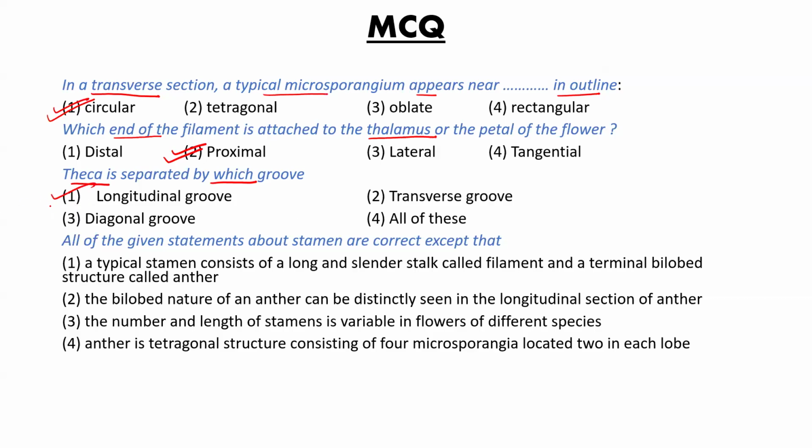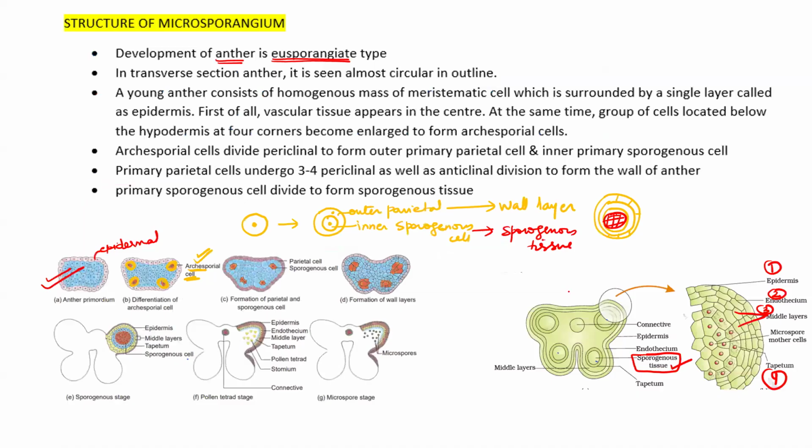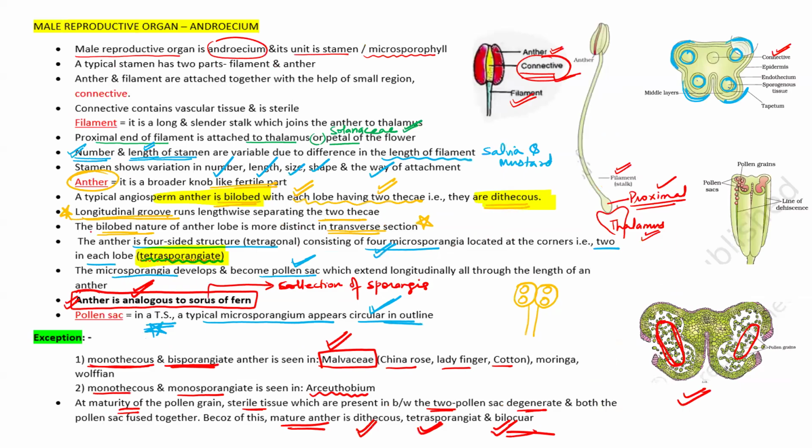Now, all of the given statements are correct about stamen, but one is not correct. I think the first is correct. Check: bilobed nature is not seen in the longitudinal section. Let me show you back once again. Check bilobed nature.